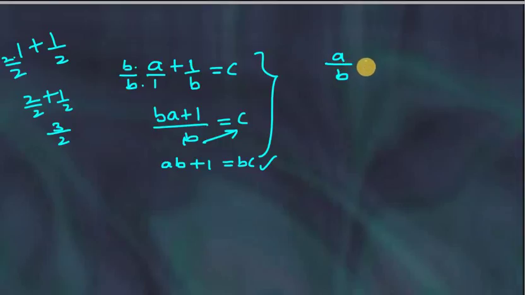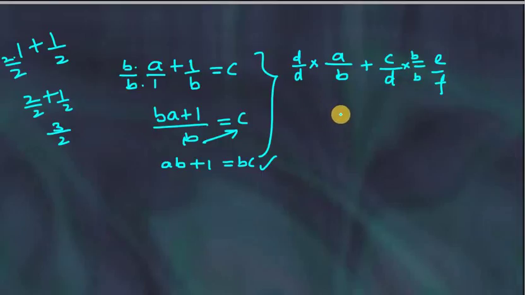Not only this, we have one more: a by b plus c by d is equal to e by f. How to simplify this? First, here b is the denominator and d is the denominator. To make them the same, here I will multiply with d by d, and here I will multiply with b by b.